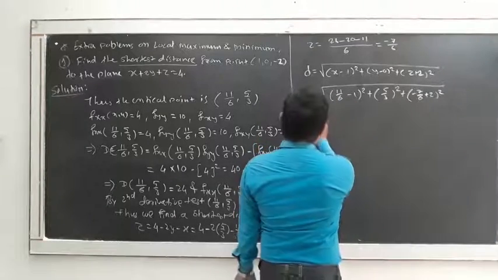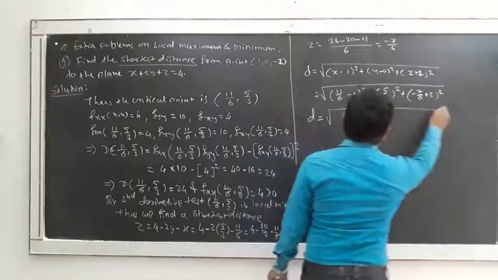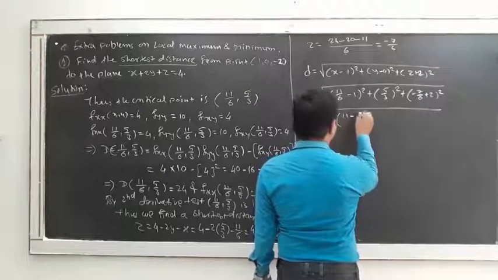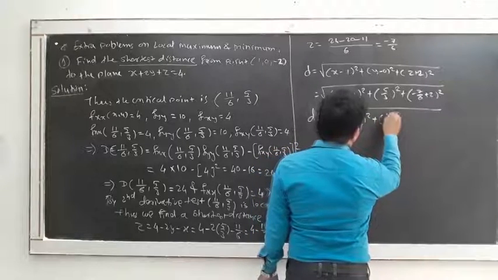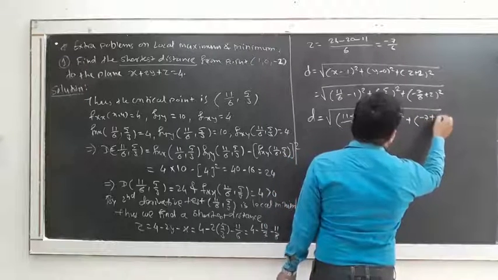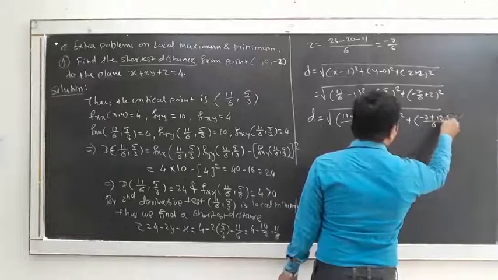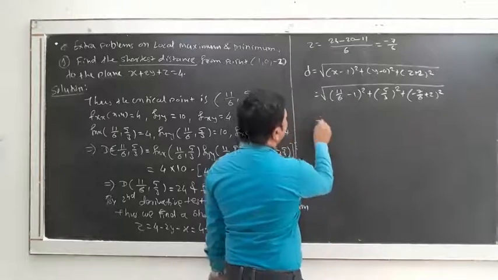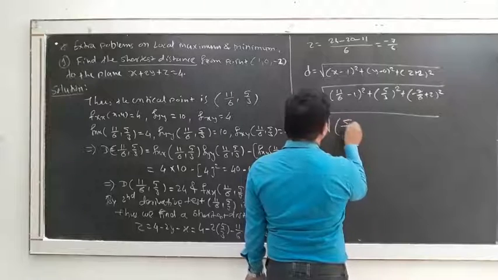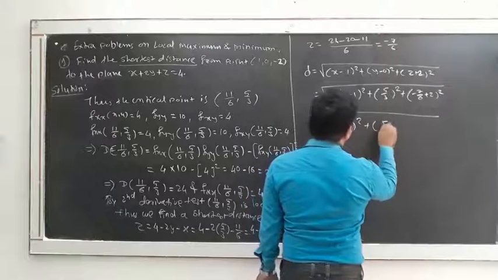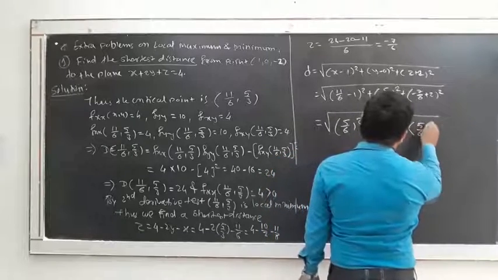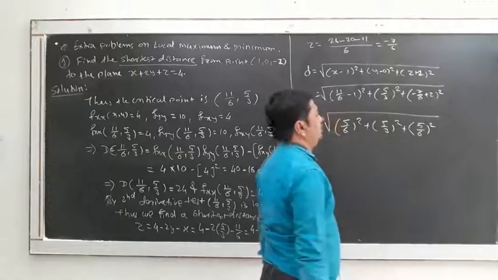So what should be the answer? D is equal to square root of, it is what, 11 minus 6 upon 6 square plus 5 by 3 square plus here minus 7 plus 12 upon 6 bracket square. It is equal to what you are getting? It is 5 by 6 square plus 5 by 3 square plus again 5 by 6 bracket square.